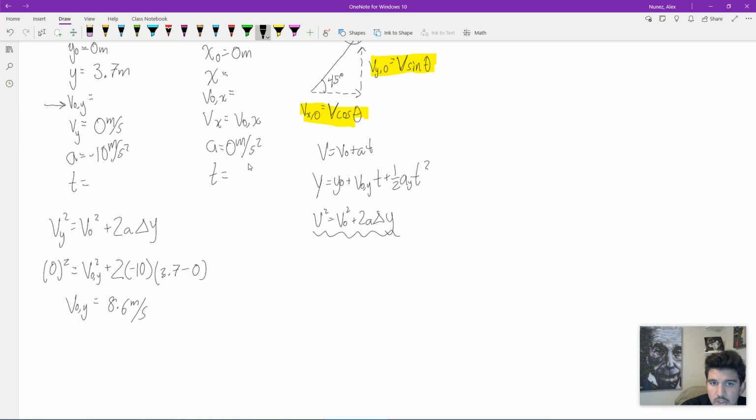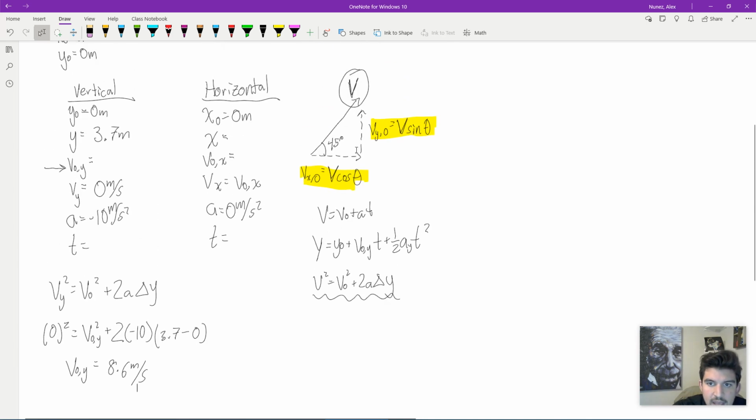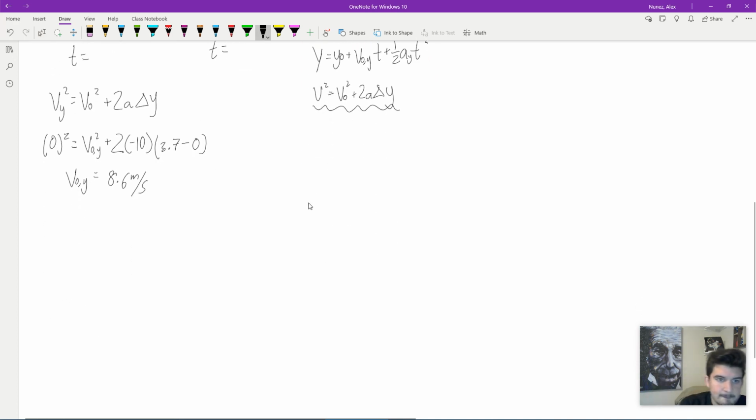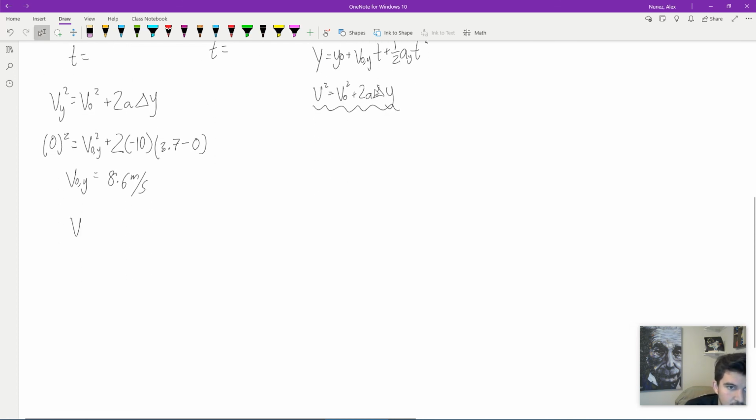The thing is, it turns out I don't need any of my horizontal information. And the reason for that is once you have one of your components, whether it's X or Y, you can use our relationships in our triangle to solve for the hypotenuse, or vice versa. So if we look at our V0Y, our initial vertical velocity, it doesn't matter what order, equals V times sine of theta.